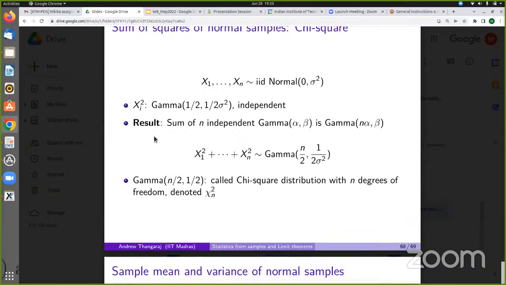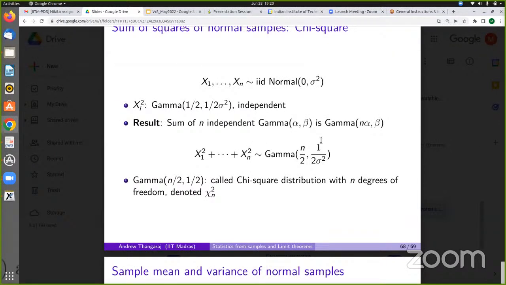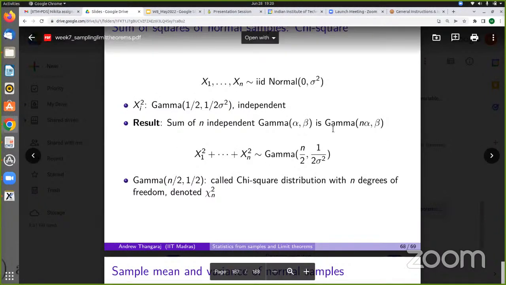So this sum of n independent Gamma(alpha, beta) is what? Gamma(n alpha, beta), right? So this we know.